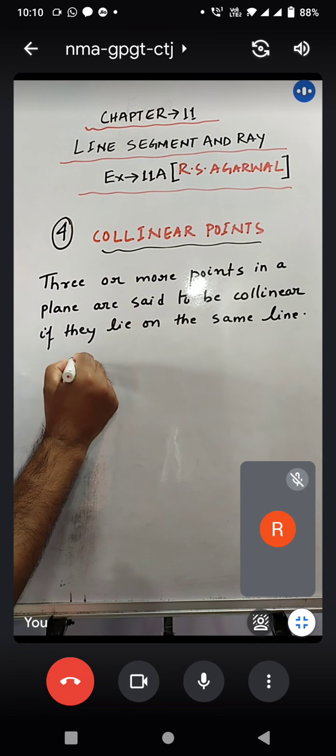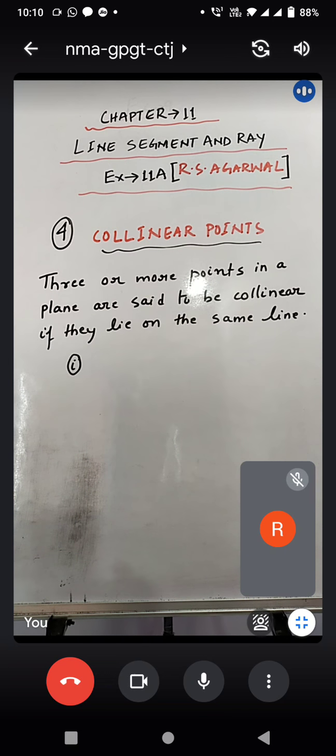Now, sum number 1. The question is, how many lines can you draw passing through three collinear points?